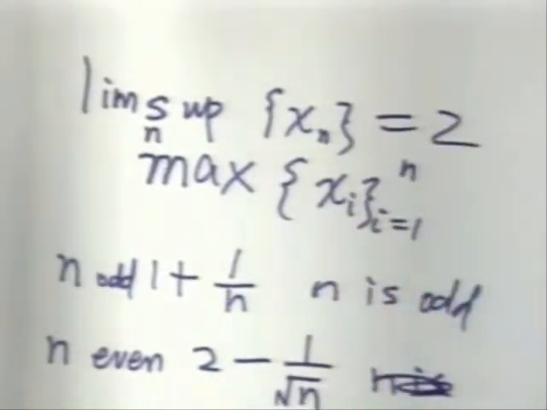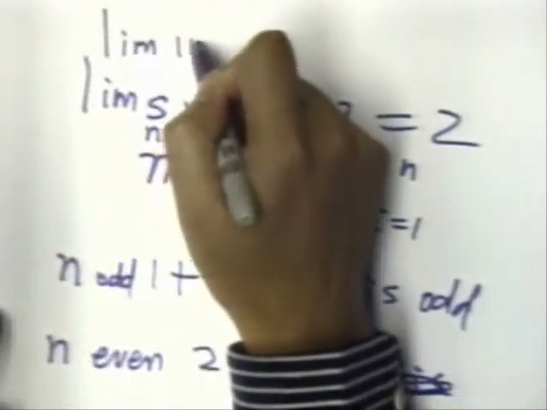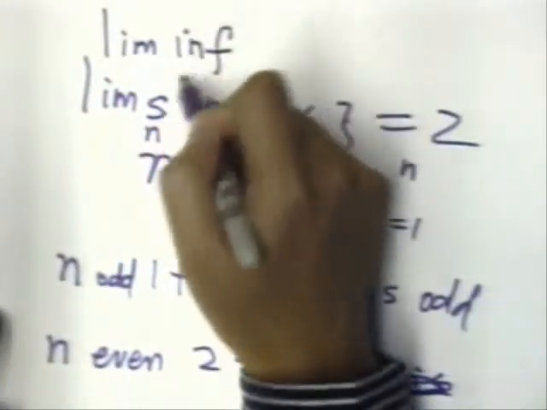So for instance, if you see the limit that has this supremum on top of it, it is about this. Okay, and similarly, if I want to find the minimum, I should write the limit inferior of this, right?